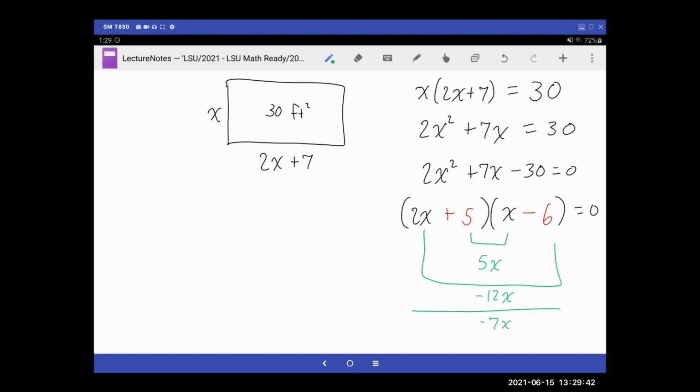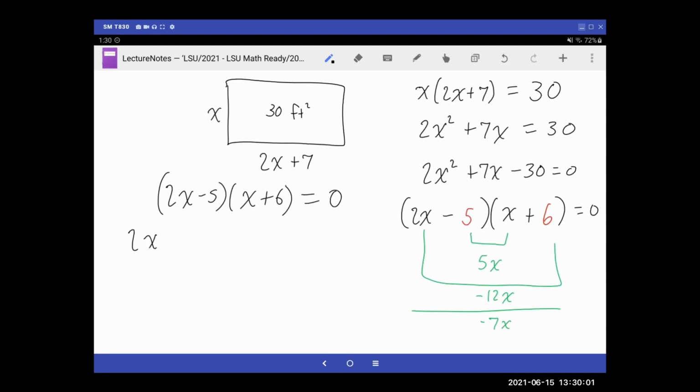Okay, the number is right. The sign is wrong. So I need to fix my signs. So there we go. 2x minus 5, x plus 6 equals 0.